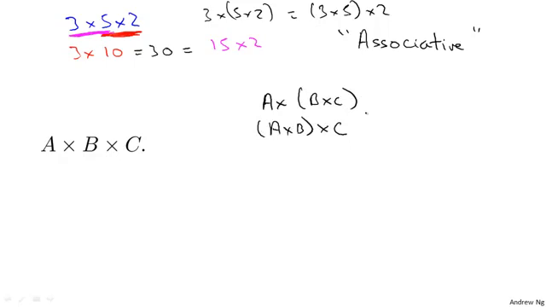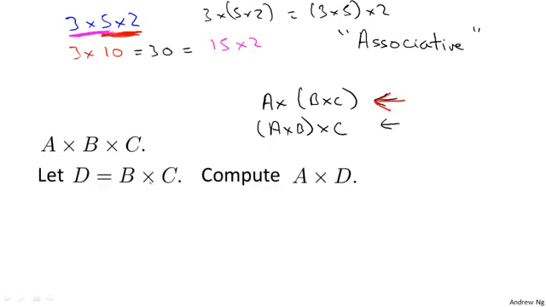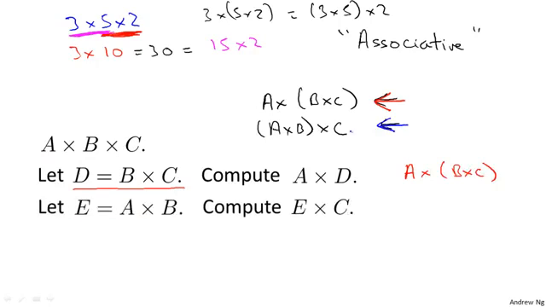Just to be clear what I mean by these two cases, let's look at the first one. If you actually want to compute A times B times C, you can first compute B times C, so that D equals B times C, then compute A times D. And so this is really computing A times B times C. Or, for the second case, you can set E equals A times B, then compute E times C, and this is then the same as A times B times C. Both of these options are guaranteed to give you the same answer.